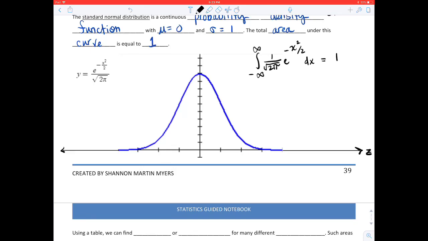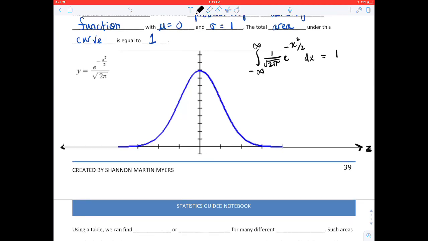It converges to 1. So this is a probability density function, and since it's an axis for z, this is when z is 0, 1 standard deviation above the mean, 2, 3, 4. I mean, you could keep going on. We don't always, but you can just keep going on and on and on, right? And then we've got standard deviations below the mean.